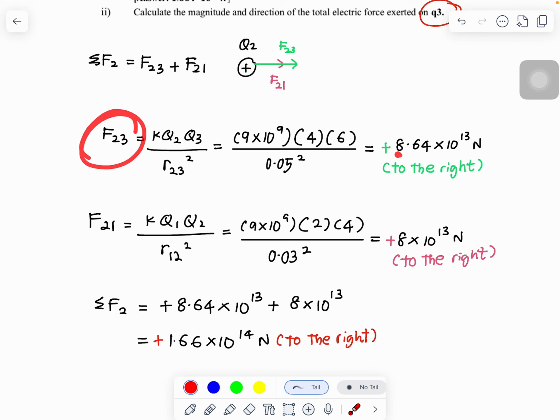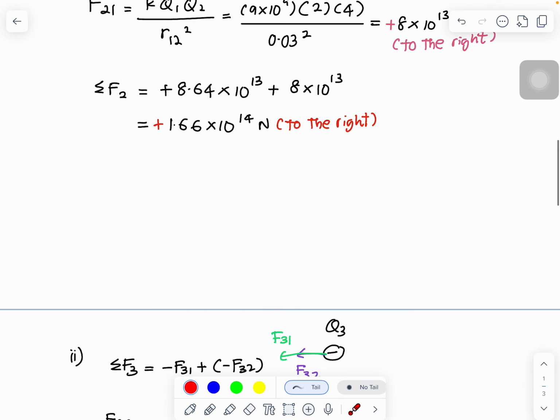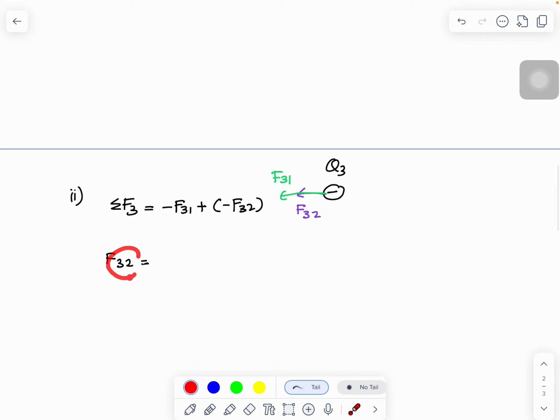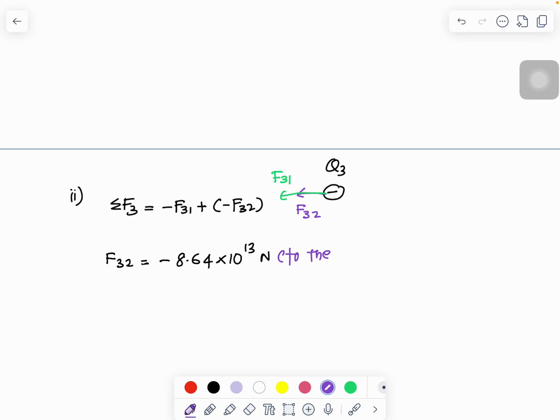So F23 is the same value, tapi, since dia adalah F32, it will be negative, so it will be negative 0.64 exponent 13 Newton. And it is to the left. Okay, wajib tulis to the left.